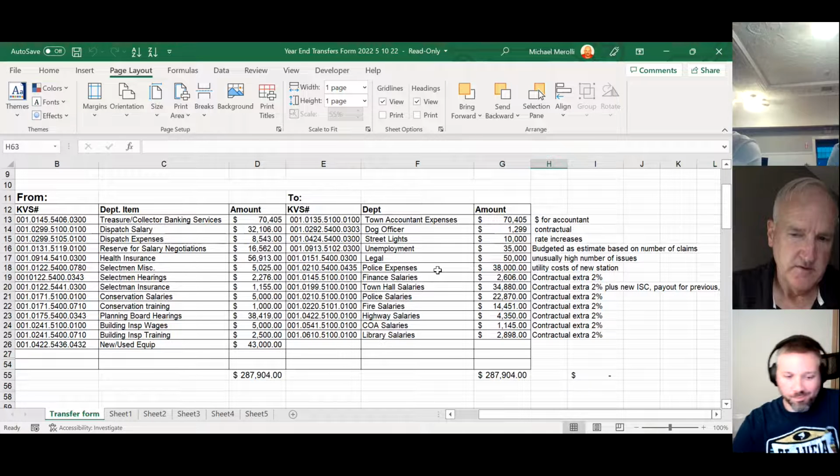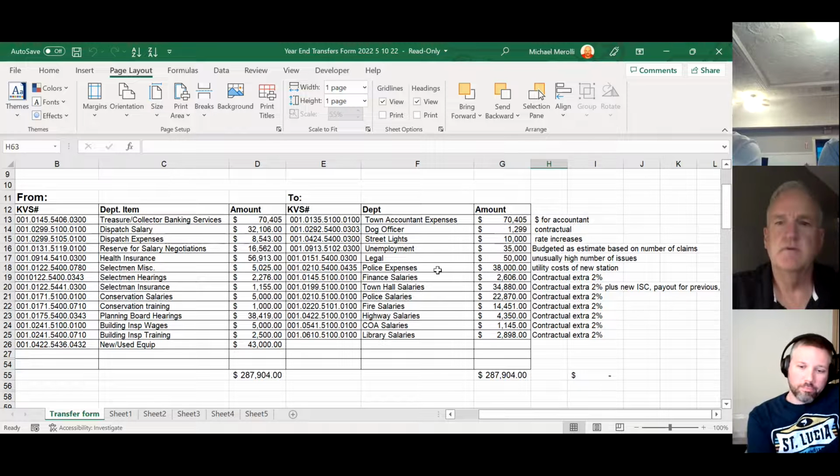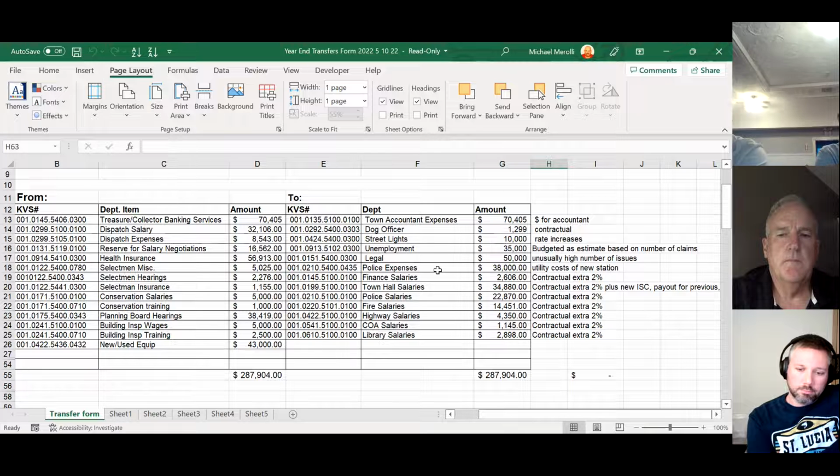Well, the way it was explained to me back almost a month ago now, and again yesterday, was utility costs, because it says new station. My understanding was it was just additional electricity and heat, because inflation numbers have gone up.